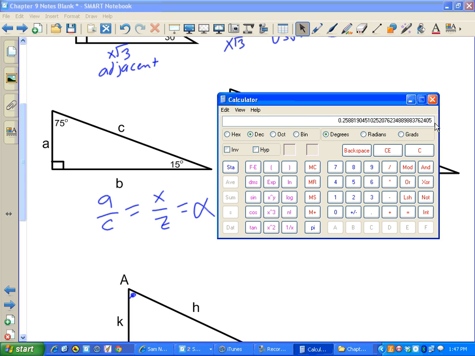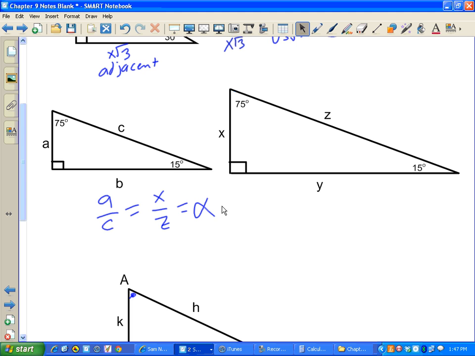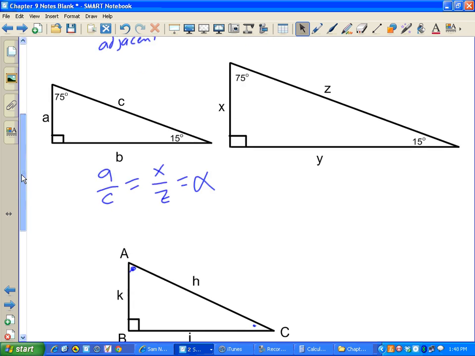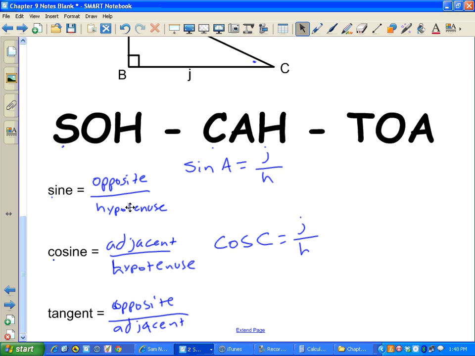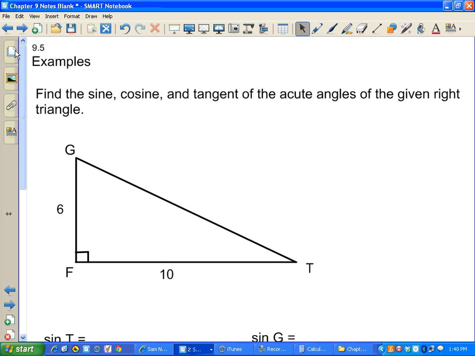This number is the ratio between the opposite and hypotenuse side of a 15-degree angle, always. So it doesn't matter what size the triangle is. If I make a fraction of this over that, I get 0.2588. Okay, so let's look at some problems.